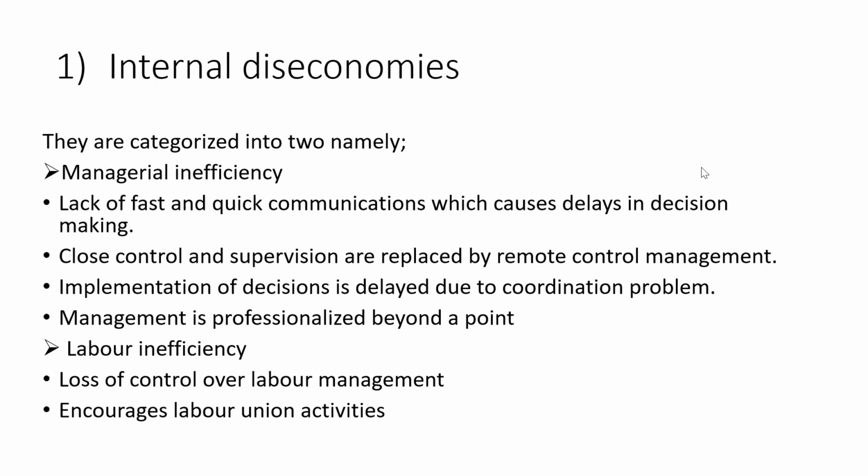So these limits are reached when the advantages of labor and managerial staff have been fully exploited, excess capacity of the plant, the warehouses, transport and communication systems, and also the economy on the advertisement wears off. So we have internal diseconomies of scale mainly due to two reasons, that is the managerial inefficiency and the labor inefficiency.